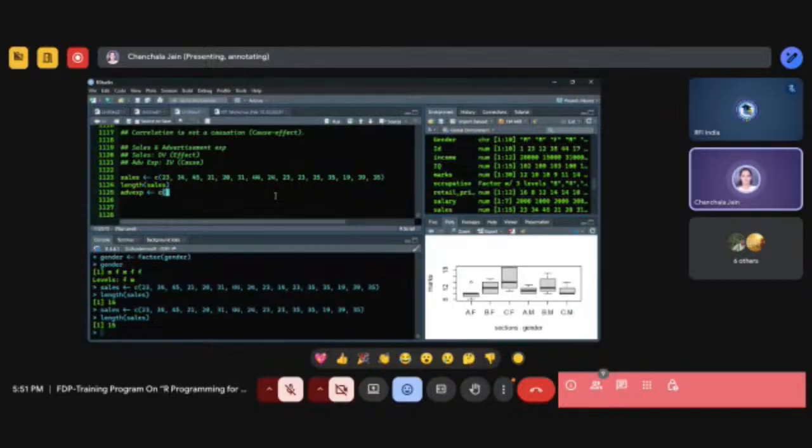The amount which I have taken here for the sales, suppose it is in thousands, right?